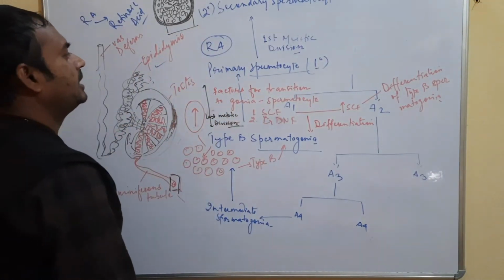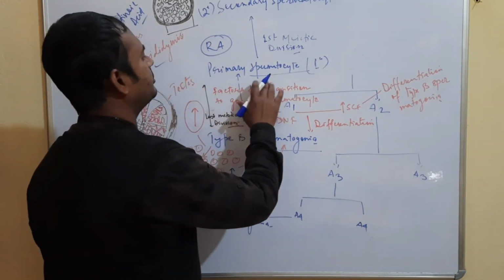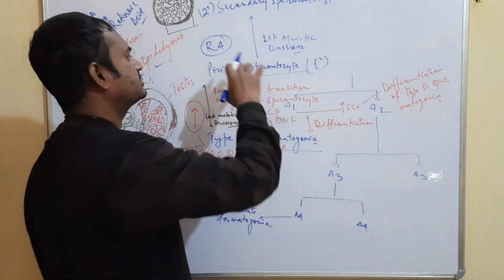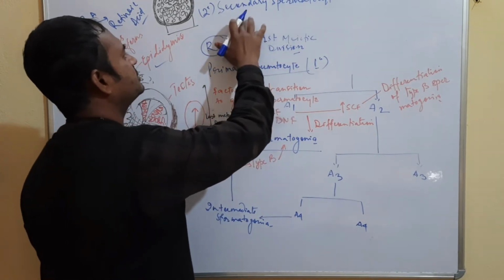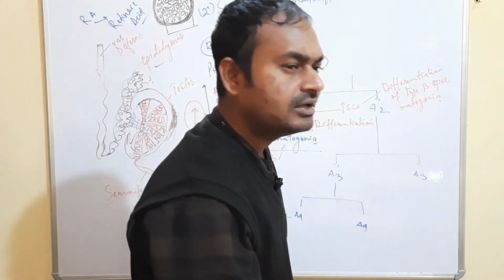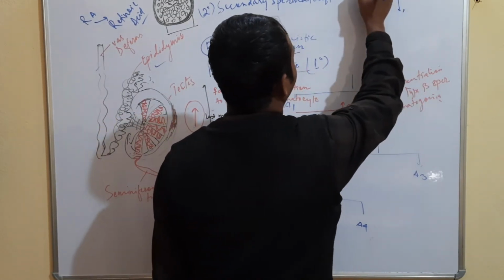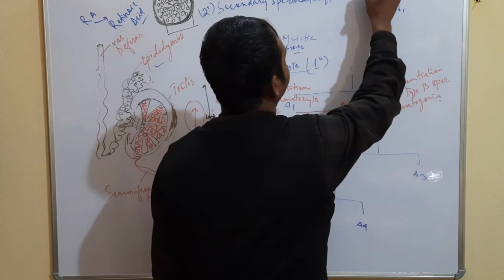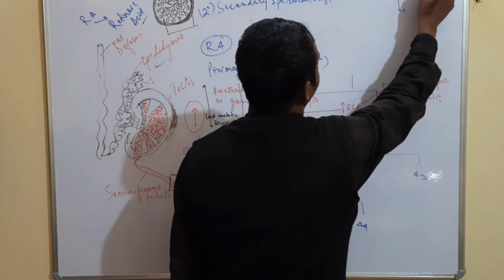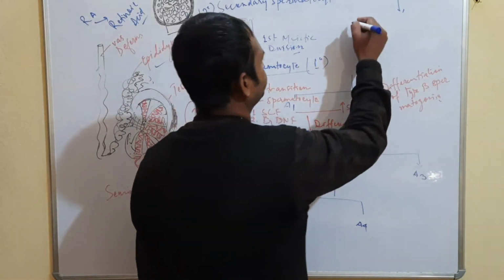And obviously, after the primary spermatocyte turns into the secondary spermatocyte, as the number of secondary spermatocytes increases, the concentration of the retinoic acid also increases, and this leads to another division called the second meiotic division, and this will lead to the formation of the spermatids.